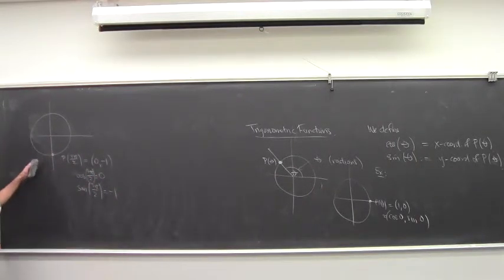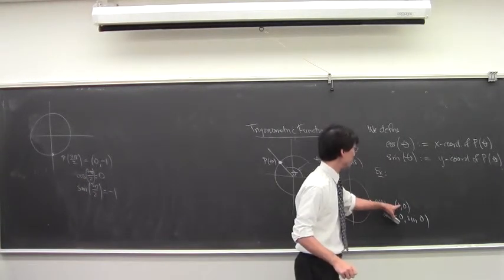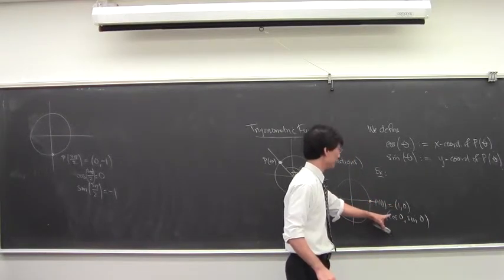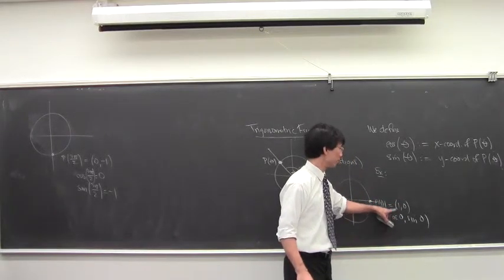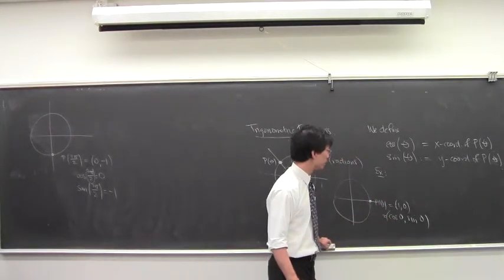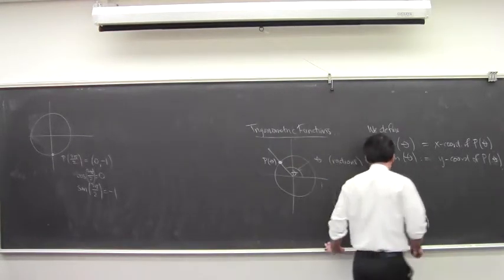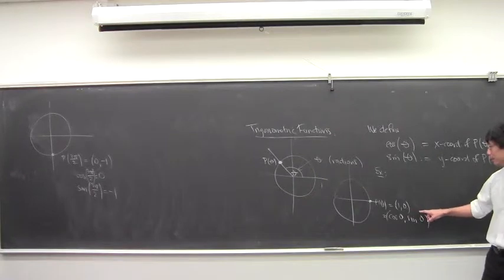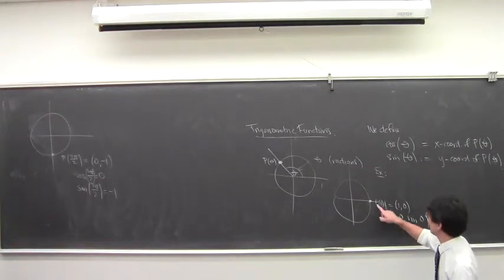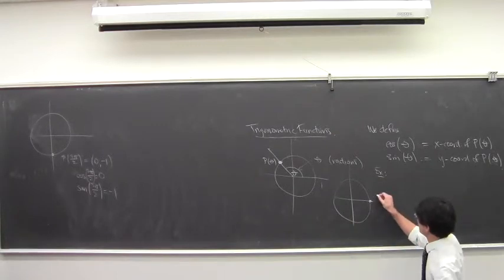In that one, wouldn't the cosine be 1, because it's the x-coordinate? I'm not following. So here we're looking at P0.